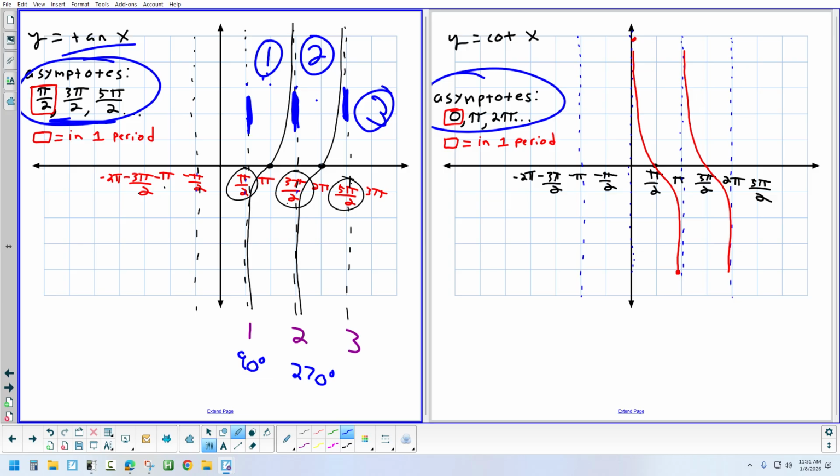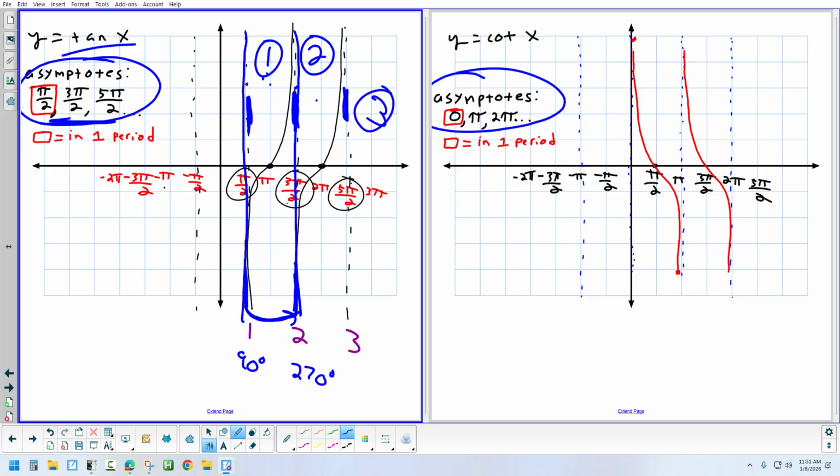So as you travel from here over to here, you are going through one full cycle of tangent. What's between these two blue lines, that is a full cycle right there. How far is it from 90 to 270? 180.